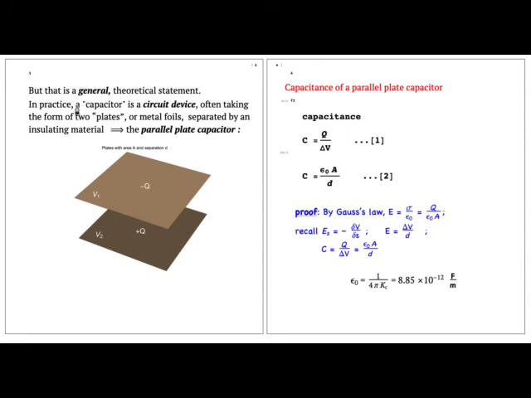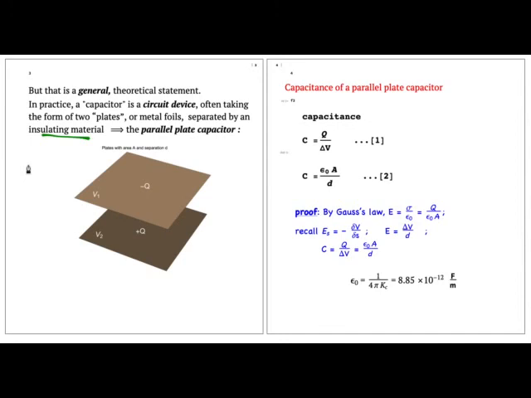But again, being more concrete about it, usually there's a material between the two plates which has the effect of preventing electrical contact. It would have to be an insulating material. That's what we usually call a dielectric material.